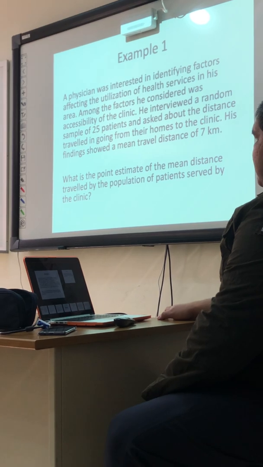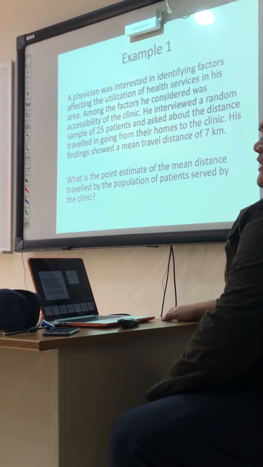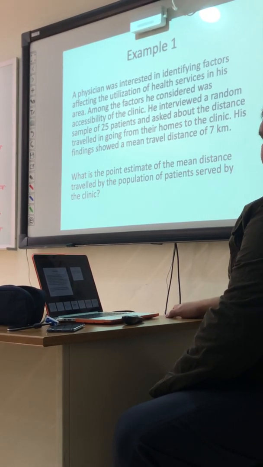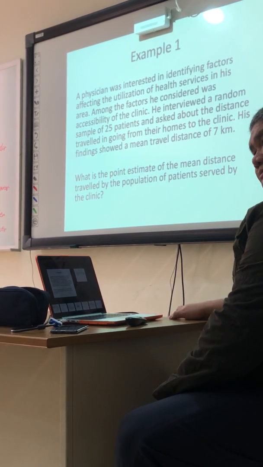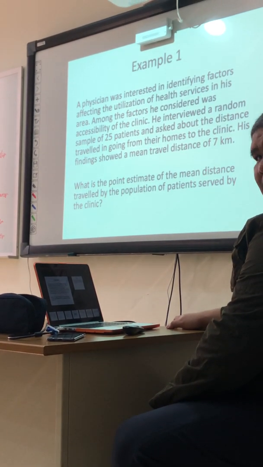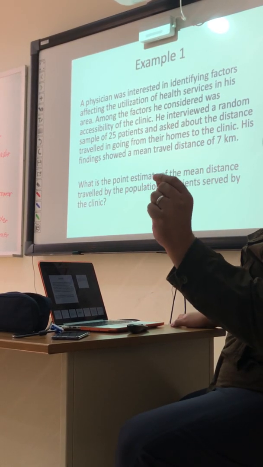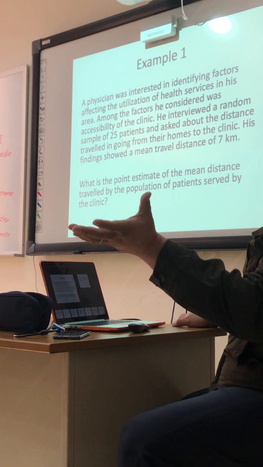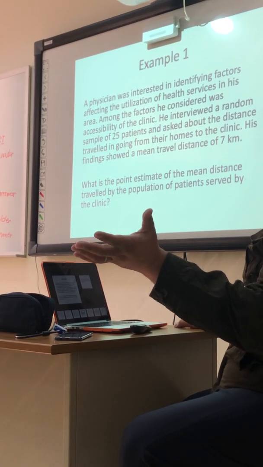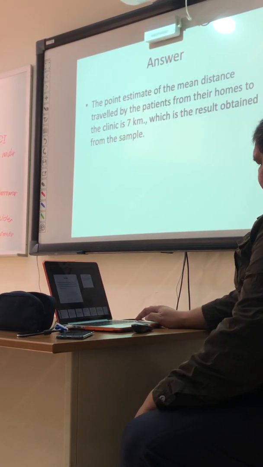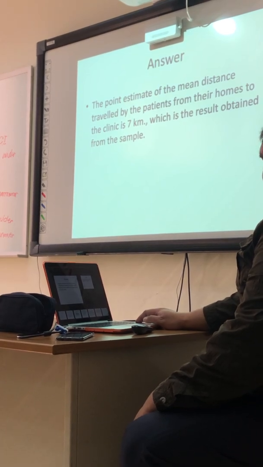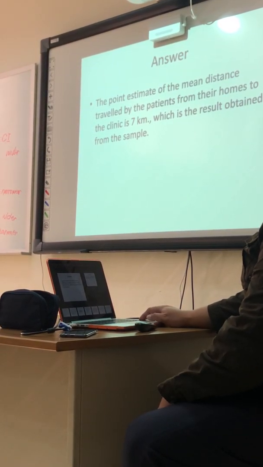His findings showed a mean travel distance of 7 kilometers. What is the point estimate? 7 kilometers. X bar is our point estimator of mu. That's simple. Okay? Next. So this is the answer, 7 kilometers.